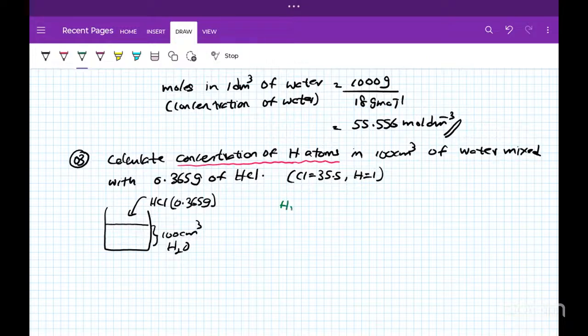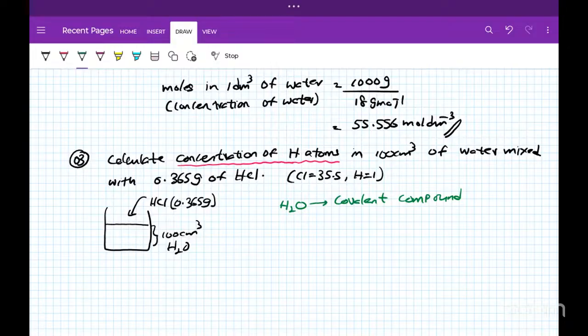Now H2O is a covalent compound. Inside the solution, H2O will be as H2O. It will not be dissociated or converted into any other form. So H2O will be as H2O molecules. So H2O will not release hydrogen atoms to the medium.